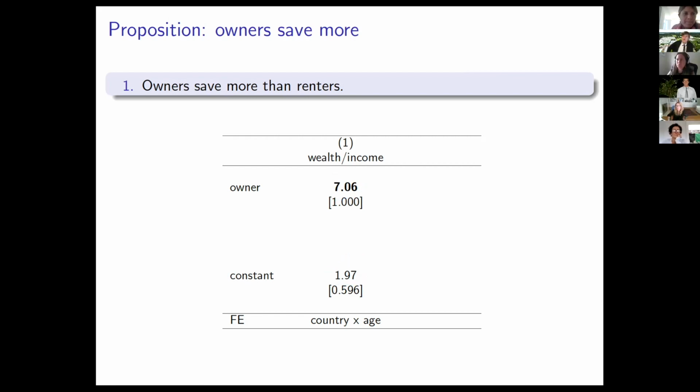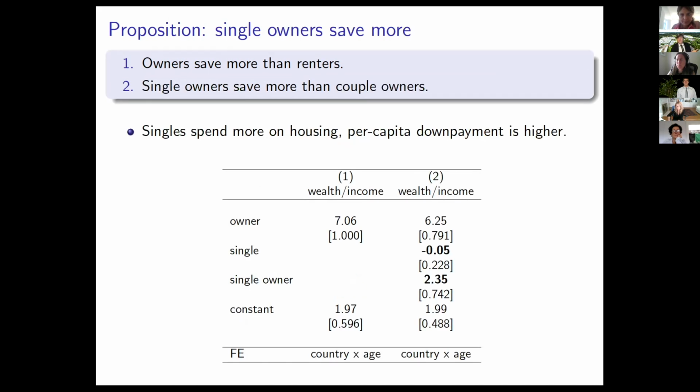Remember, in our model, the fundamental reason why singles are less likely to be willing to own than couples is that effectively they have a higher per capita down payment requirement. So this mechanism would directly imply that, conditional on owning, singles should have higher savings than couples. We test that by running the same regression as before, but adding both a single dummy and an interaction between single and owner.